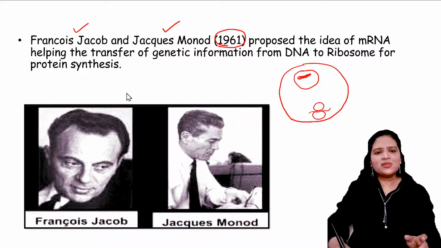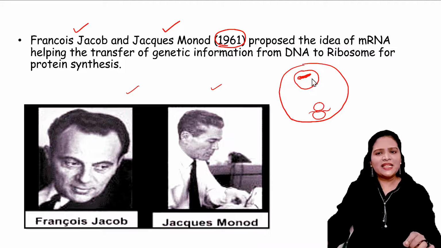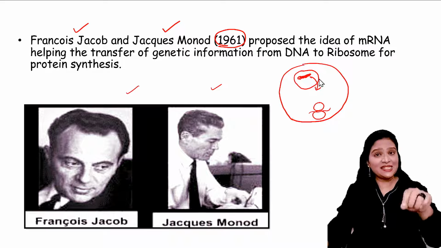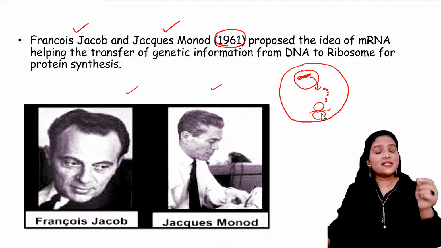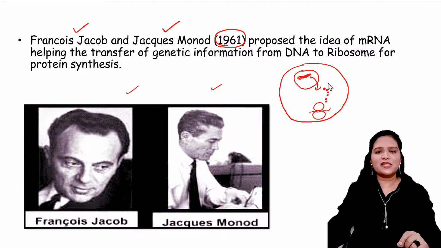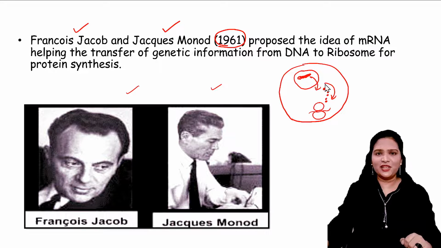So these two scientists had this idea: how is the genetic information from the DNA, which is present inside the nucleus, carried and transferred to the ribosome, which is present outside the nucleus in the cytoplasm? How is this information transferred out of the nucleus?